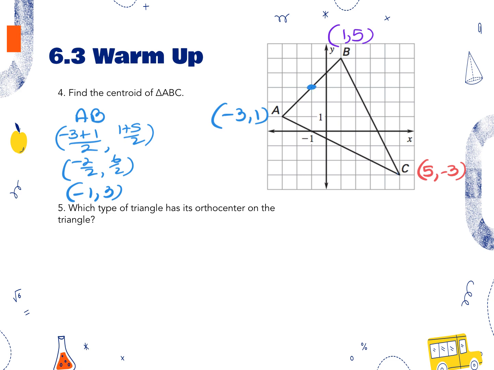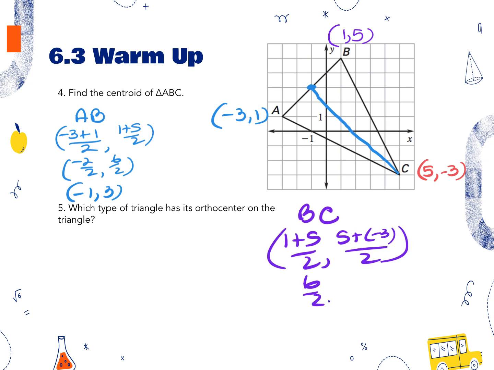I will draw in the segment from the vertex to the midpoint, and that's a median. Next, I'll find the midpoint of BC. I'm going to add the x's, divide by 2, add the y's, divide by 2, and the midpoint of BC is 3, 1. So I'll graph the ordered pair 3, 1, and then draw in the median to the vertex.